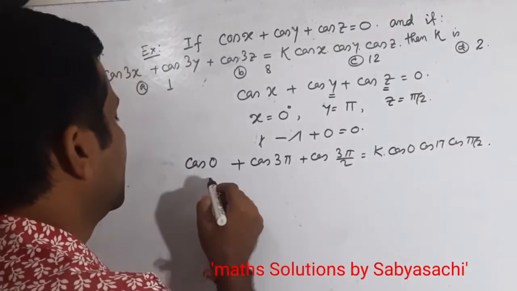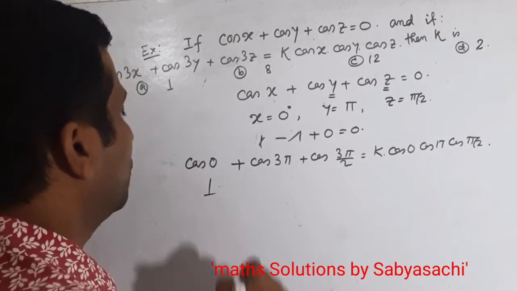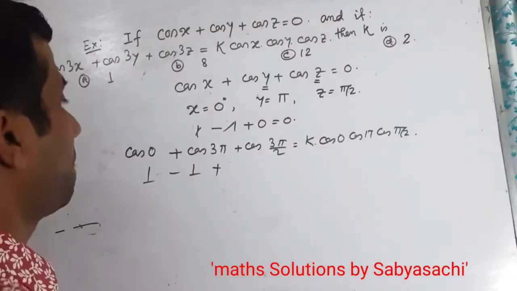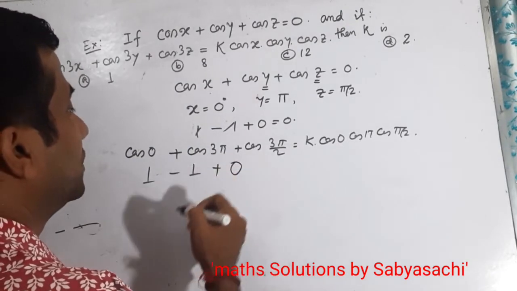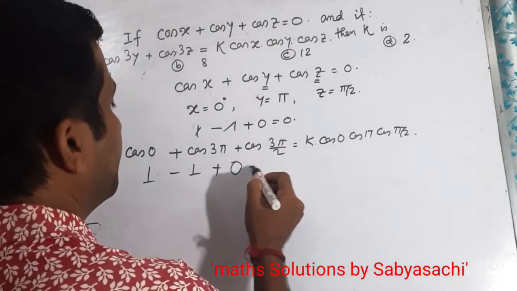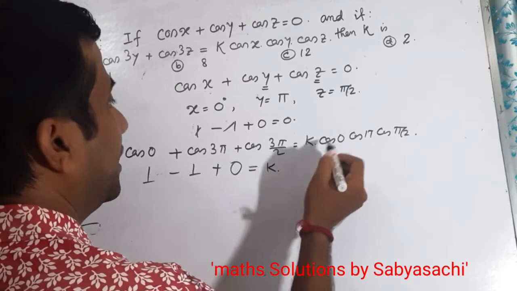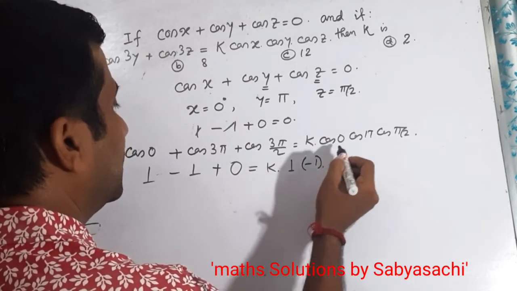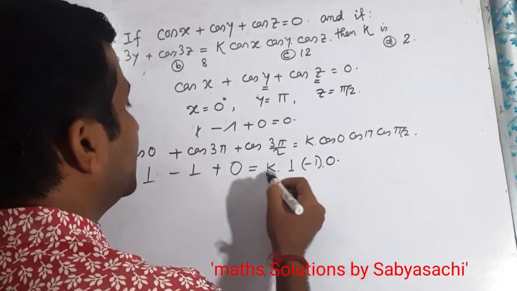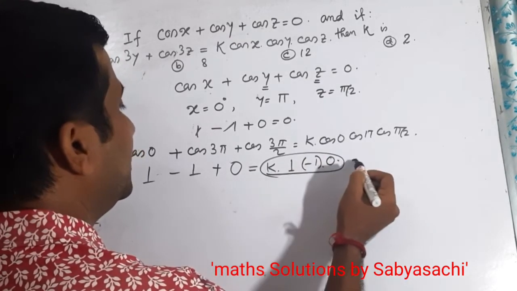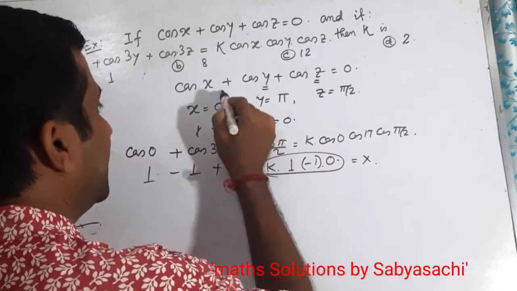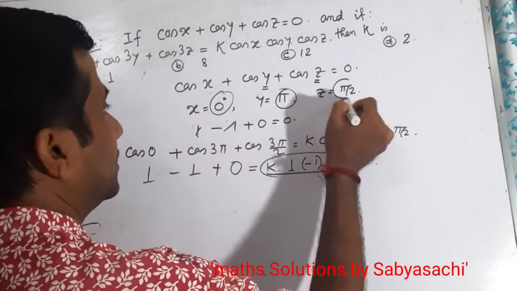Then cos 0 means 1, cos 3 pi means minus 1, cos 3 pi by 2 is equal to 0, and the right side is 0. We cannot find the value of k, so what we took is not correct.